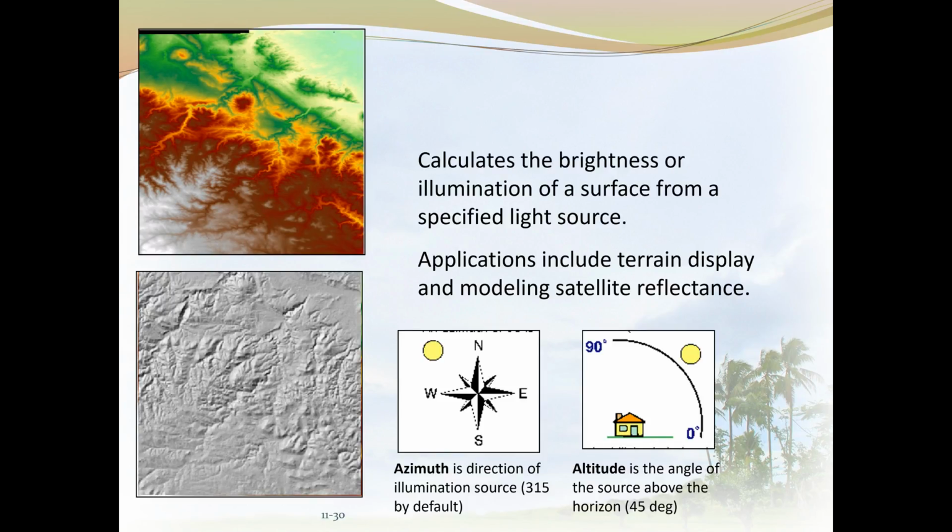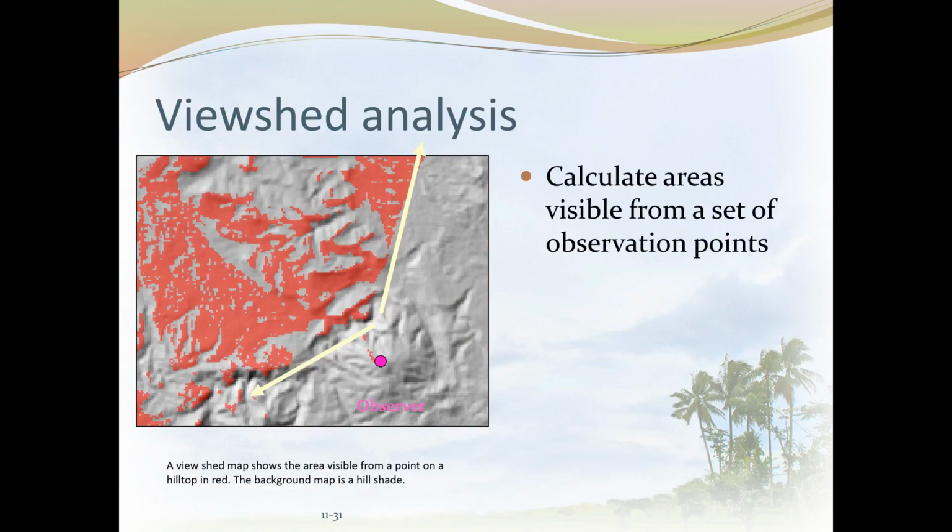A hillshade map represents the surface as though an illumination source were shining on it, and it can help visualize the landforms. Then there is viewshed analysis, which determines what parts of a surface can be seen from specific viewpoints, and it could help in choosing the site with the best view.